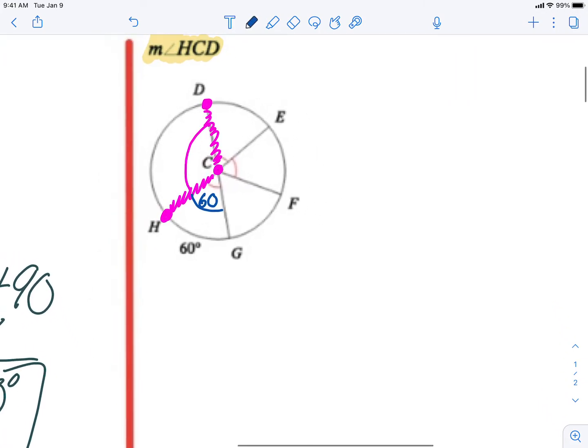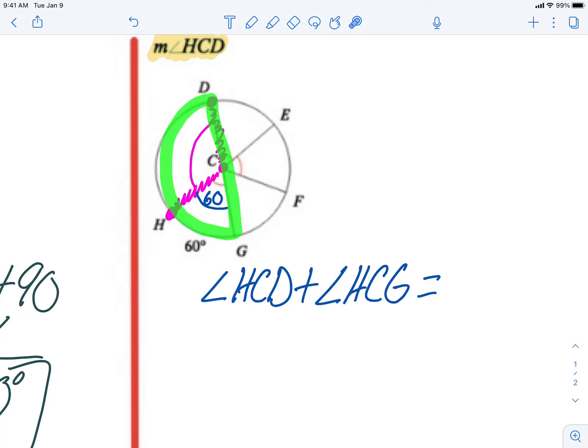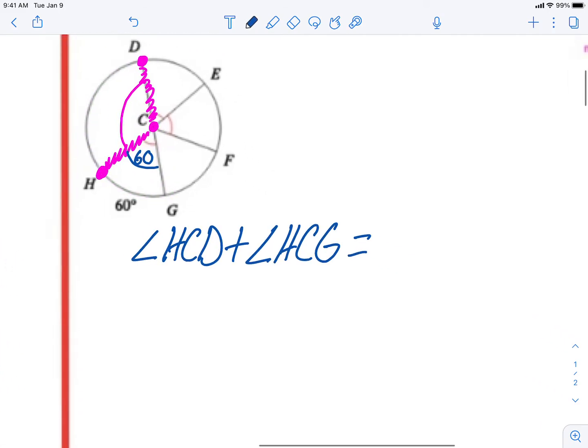So I'm going to write my angles here. Angle HCD, which is this pink one here, plus this blue one here, angle HCG. Check it out. They equal half a circle, which is equal to 180.